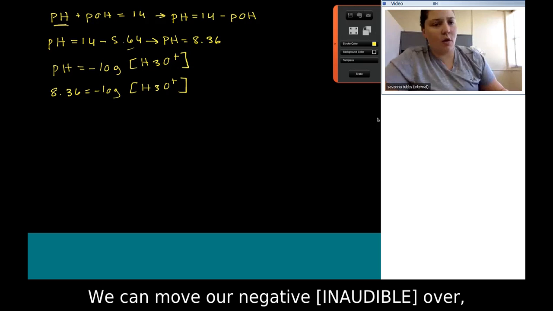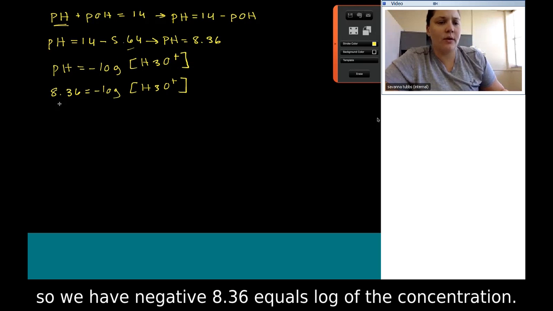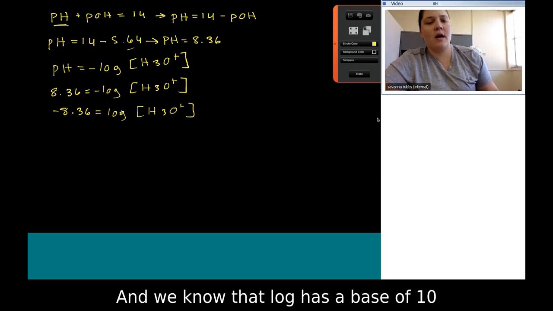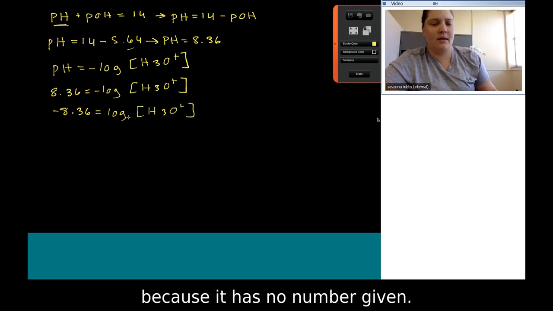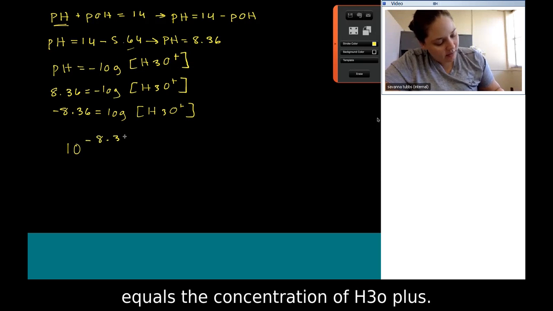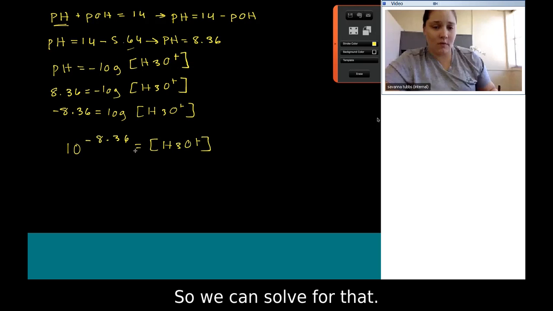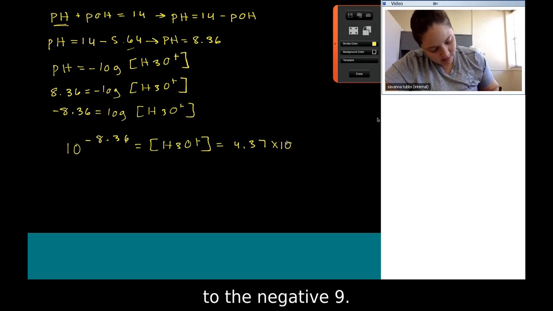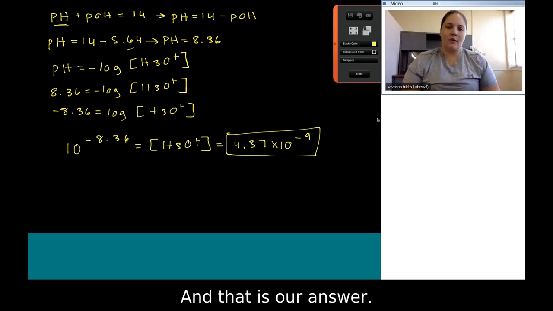We can move our negative over, so we have negative 8.36 equals log of the concentration. And we know that log has a base of 10 because it has no number given. So to move it over, we say 10 to the negative 8.36 equals the concentration of H3O+. So we can solve for that, and H3O+'s concentration will be 4.37 times 10 to the negative 9. And that is our answer.